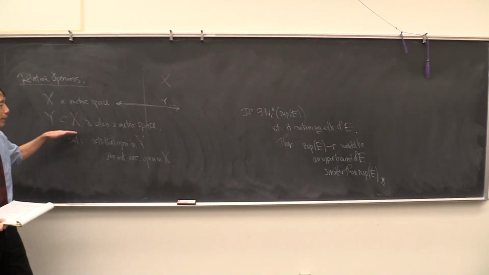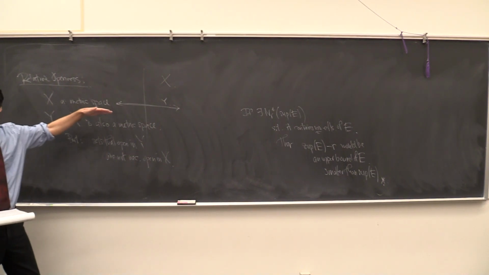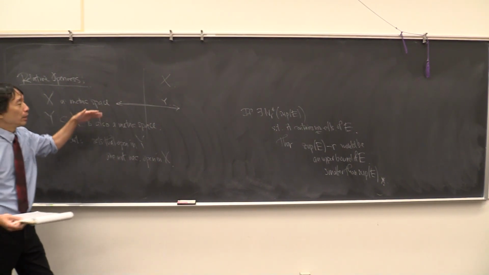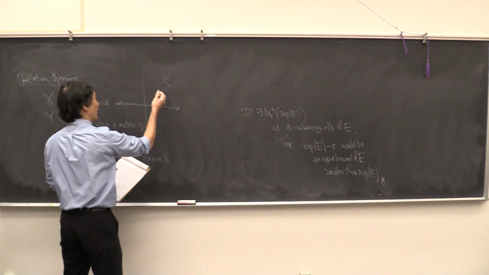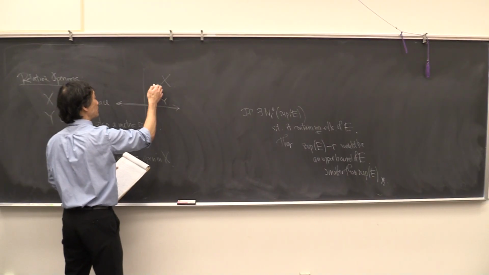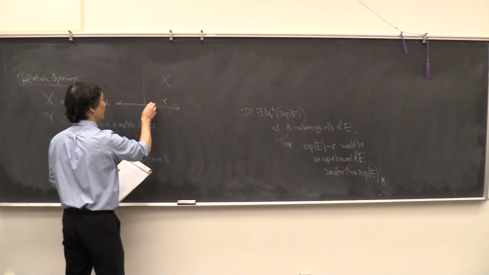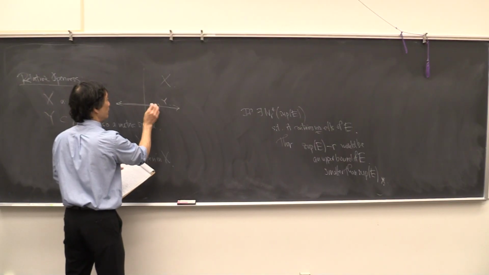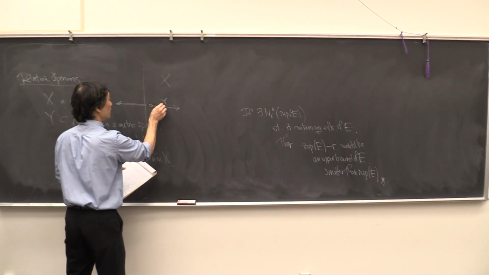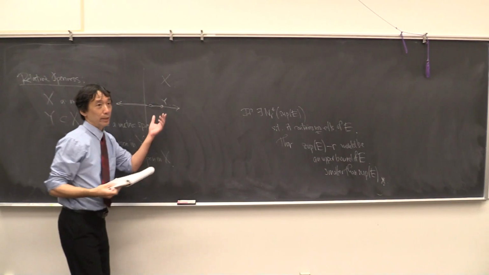What's an open set with respect to the inherited metric? If we're just talking about Y here, well, this interval is an open set, right?